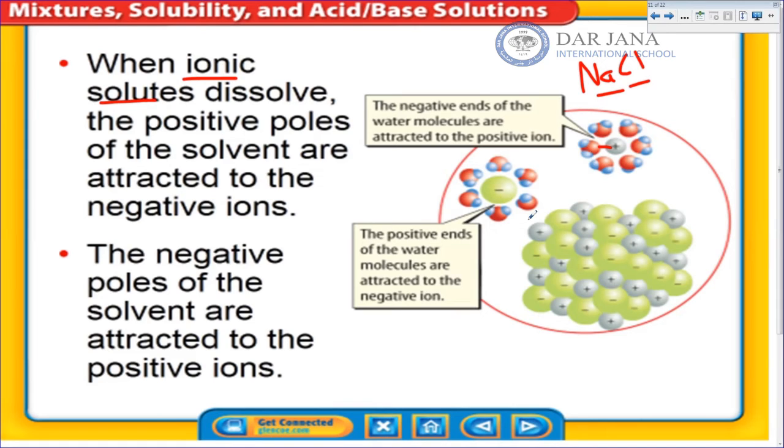And in this way, NaCl is dissolved in water. So the negative pole of the solvent is attracted to the positive ion, while the positive ions are attracted to the negative end of water. This is how an ionic compound is dissolved in a polar solvent like water.